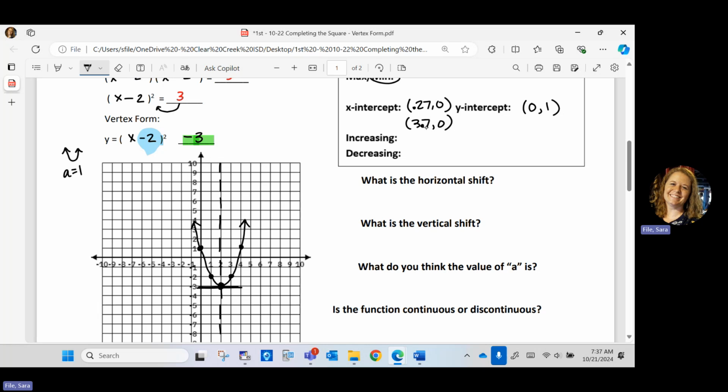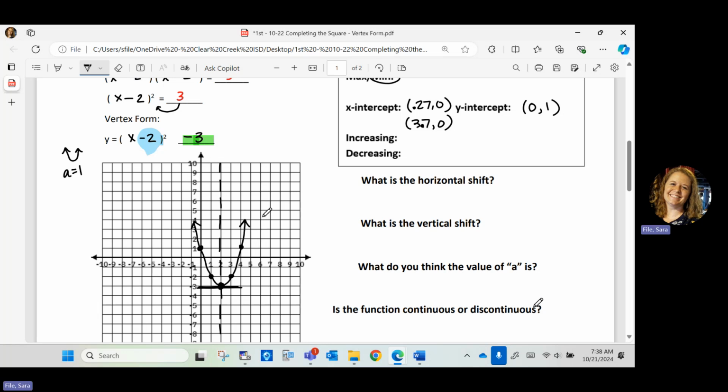All right, increasing and decreasing intervals. Remember, for increasing and decreasing, we read the graph from left to right. Is it increasing or decreasing first? Decreasing, it's coming down, and then it turns and it's increasing.